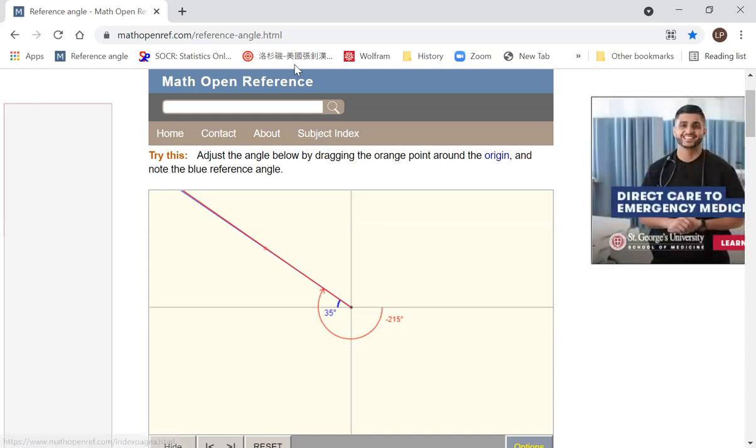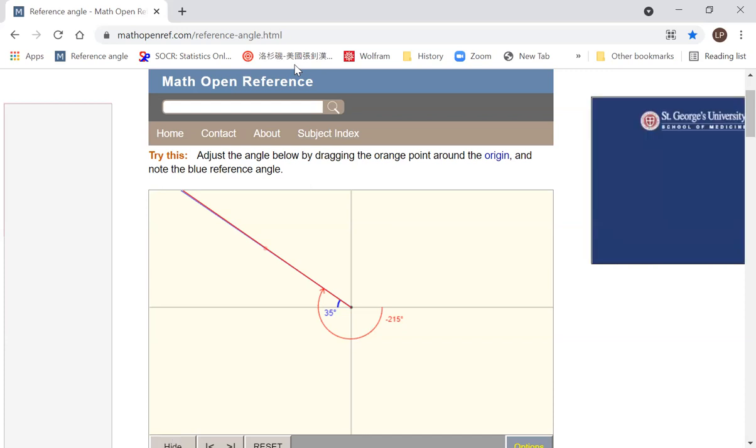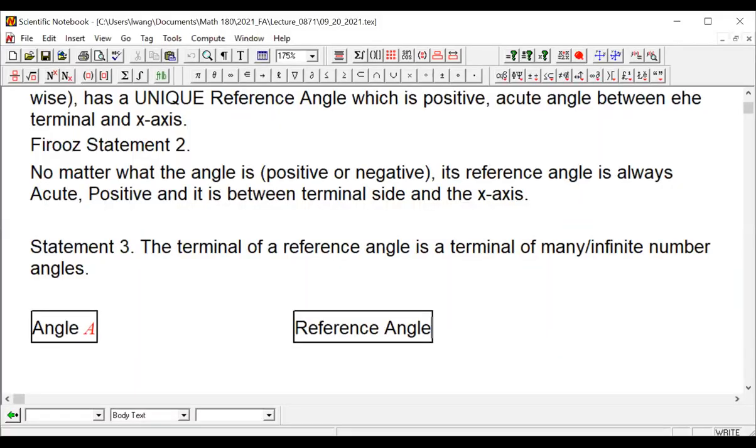So now, do you agree or not? From any angle, the reference angle is one and only.